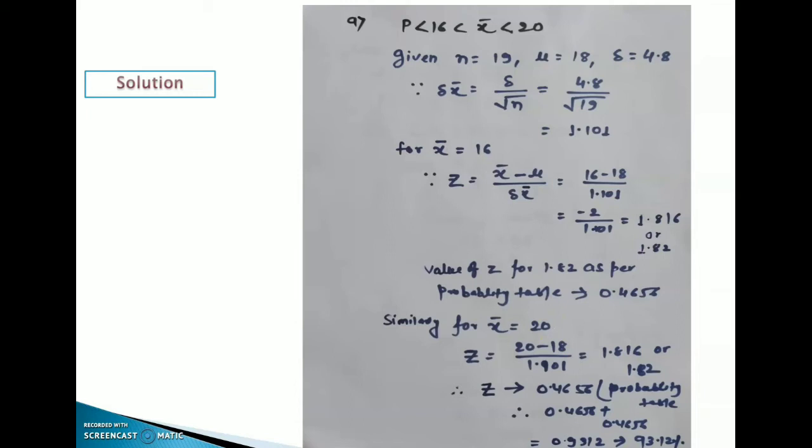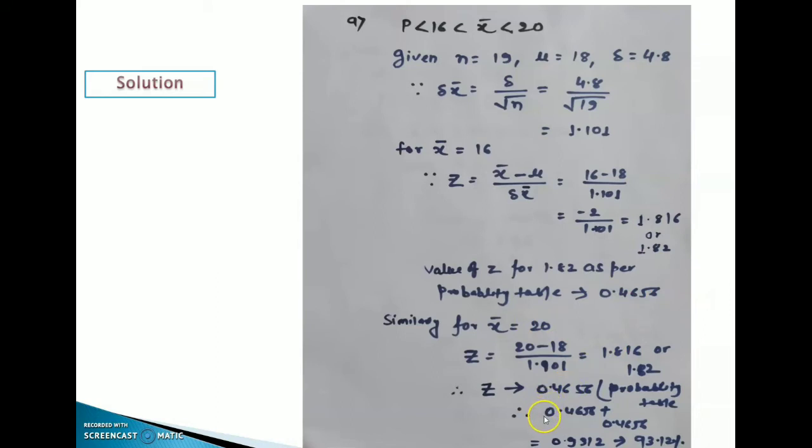Similarly, as we calculated for x bar 16, in the same way we calculate for x bar 20. The calculation is the same. Here x bar is 20, mu is 18 and sigma x bar is the same 1.101. We get the same z value of 1.82, and as per the probability table the value for 1.82 is 0.4656.